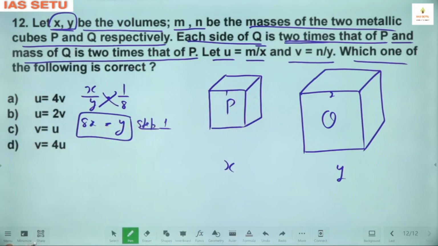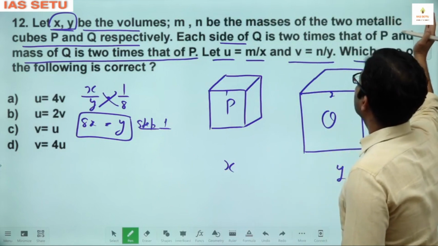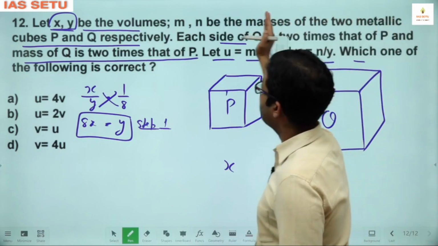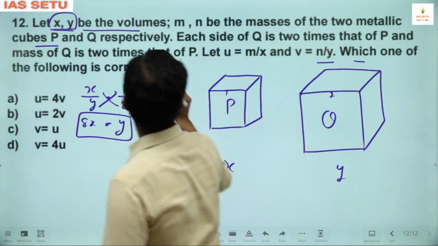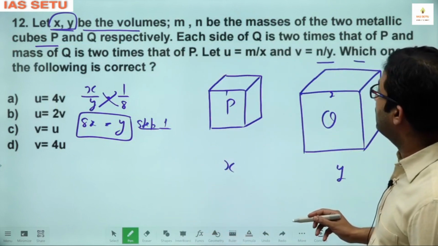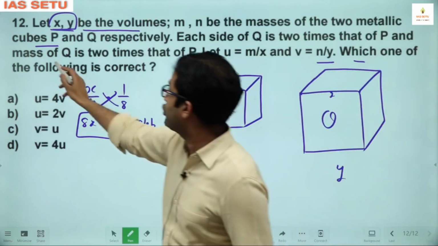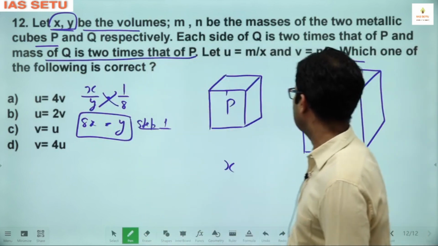Next thing, we need m and n also. m and n are the masses of the two metallic cubes. The mass of q is 2 times that of p.